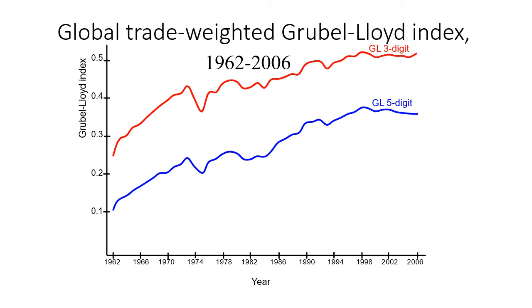And if we had to look at the 3-digit sectors versus the 5-digit sectors, we find that the global Lloyd index is lower for the 5-digit sectors than the 3-digit sectors for all years from 1962 to 2006. So this is also an indication of the more detailed sectors having a lower inter-industry trade value.